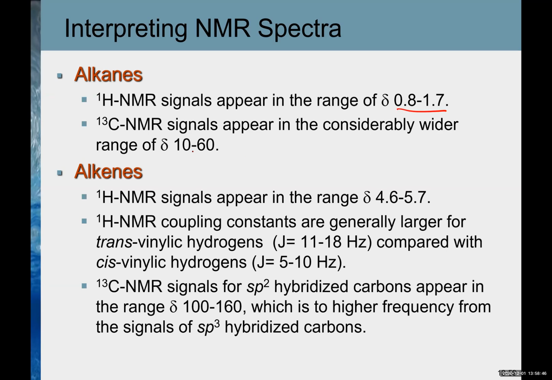C13 NMR for alkanes is from 10 to 60, as I explained earlier. In the case of alkenes, the proton NMR signal is between 4.6 and 5.7, and C13 is between 10 and 160.